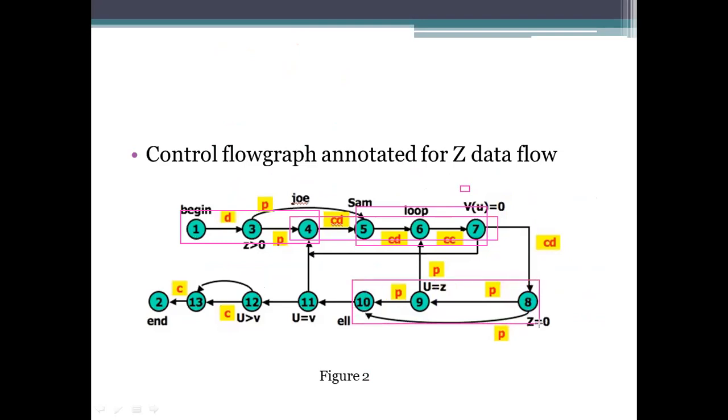So I am including 7 and also 8 with this one. So the 7, 8, 9, 10 paths. Likewise, we need to study the flow graphs we are having. So these are the definition clear paths we are having for the data flow of Z.